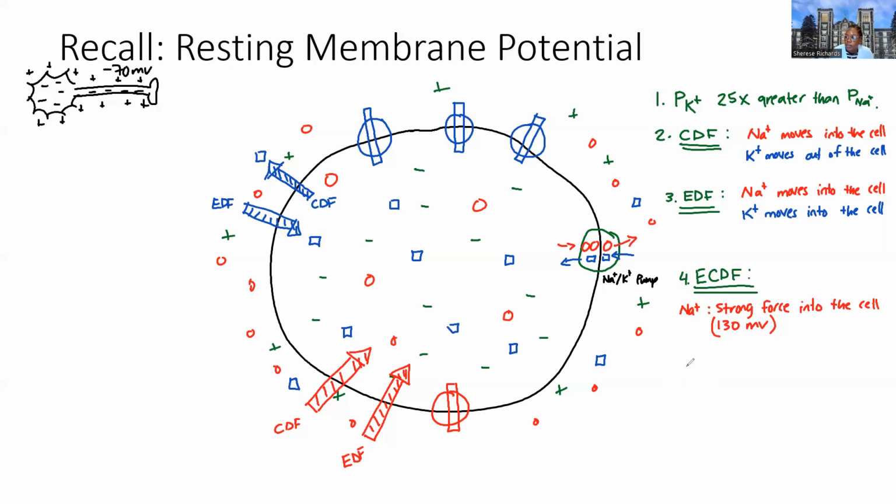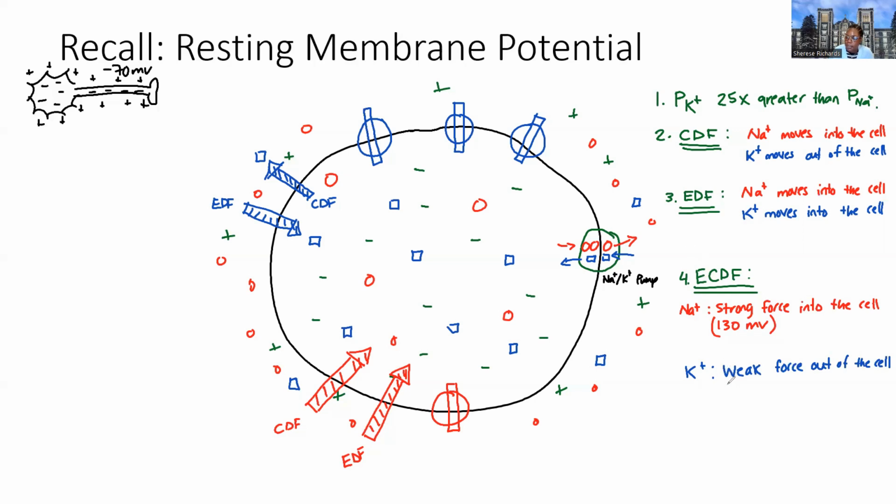Potassium is going to have a weaker force simply because the forces are in different directions, opposite directions. And so potassium has a weak force out of the cell. And if we subtracted the -70 millivolts at rest from potassium's equilibrium potential, we would get a very weak value, so a very small number of 24 millivolts.